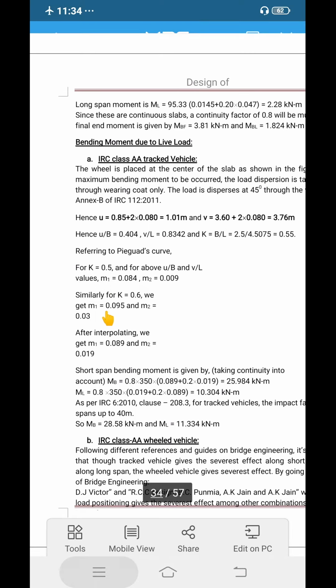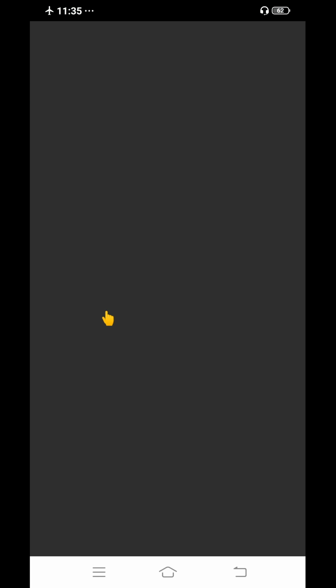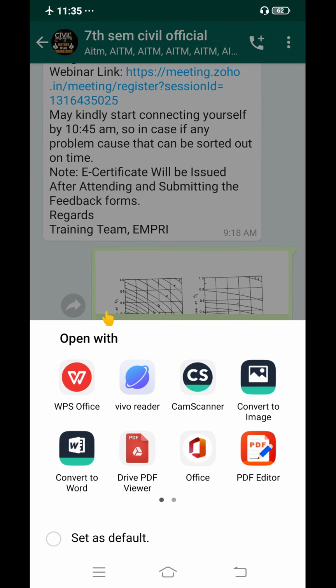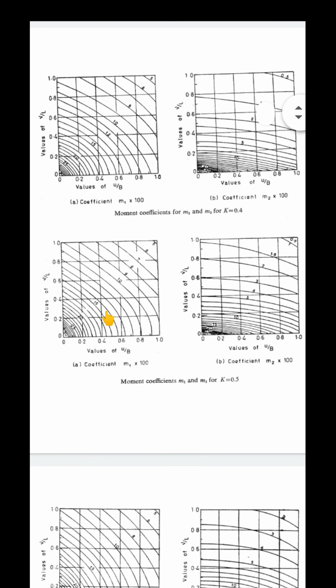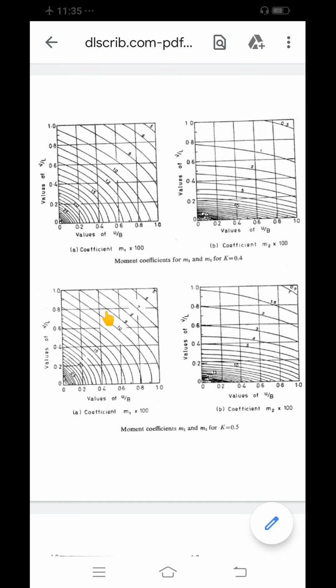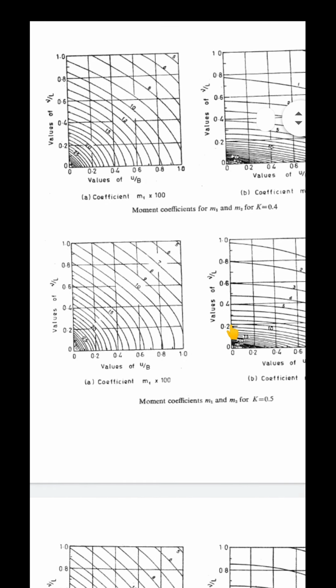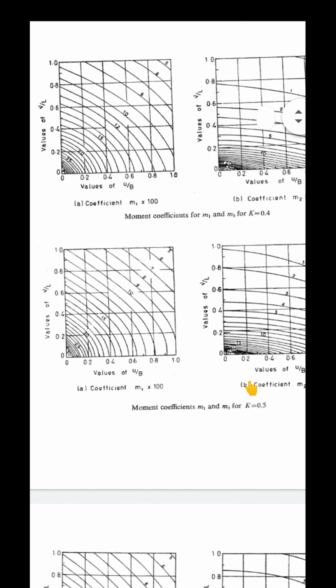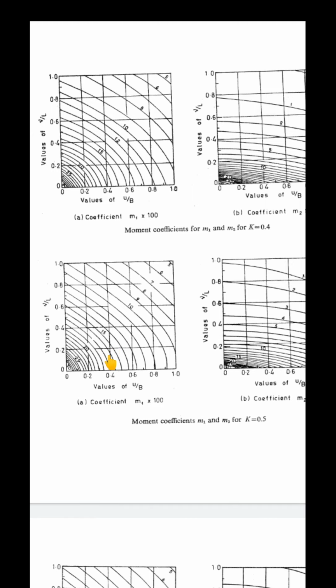For k equal to 0.5, and 0.404, so U by B ratio here in this line.